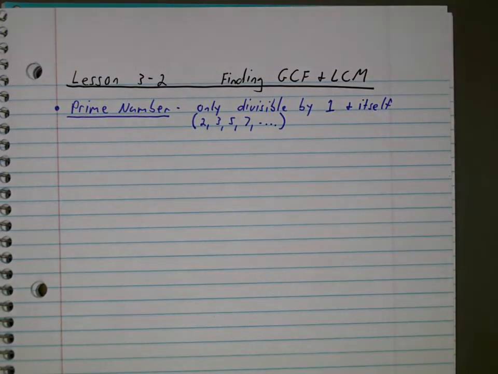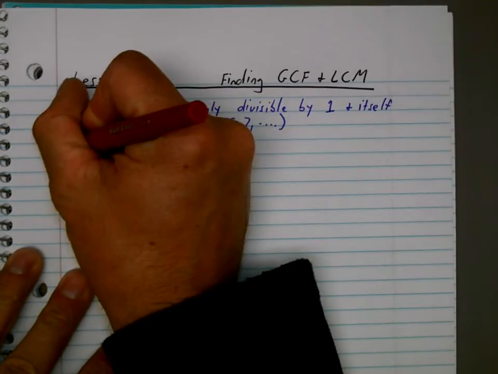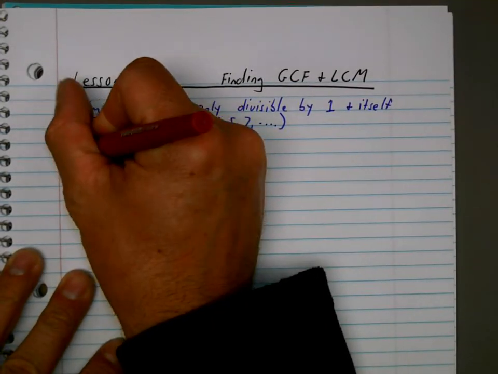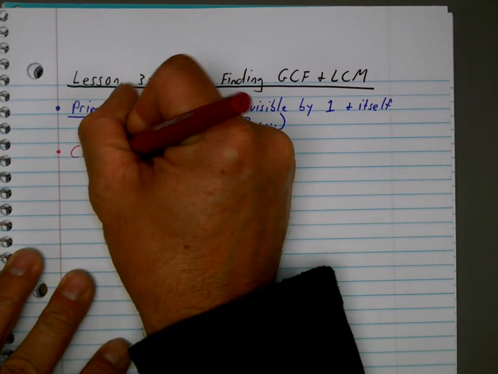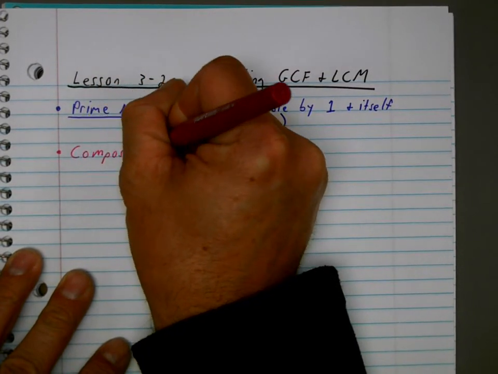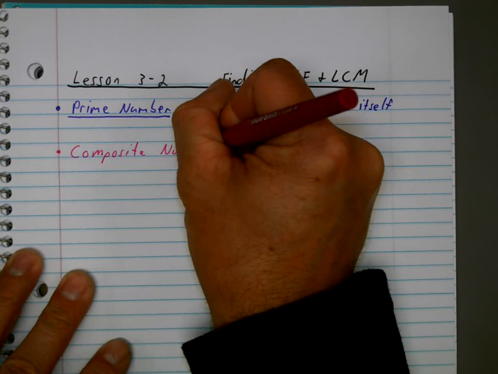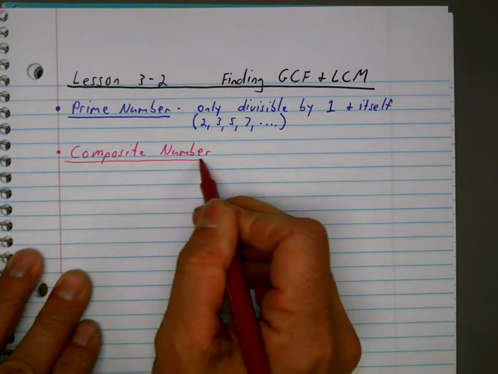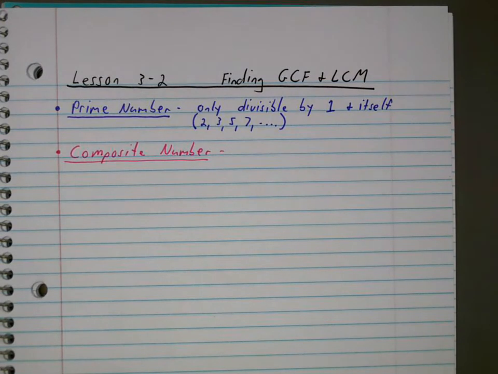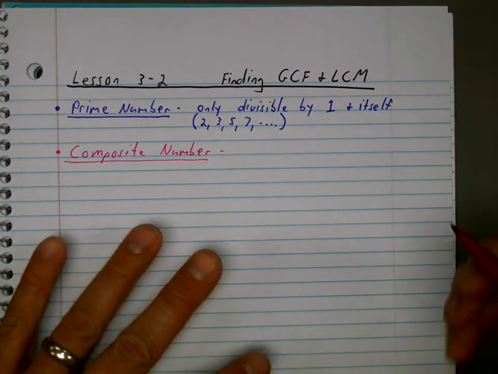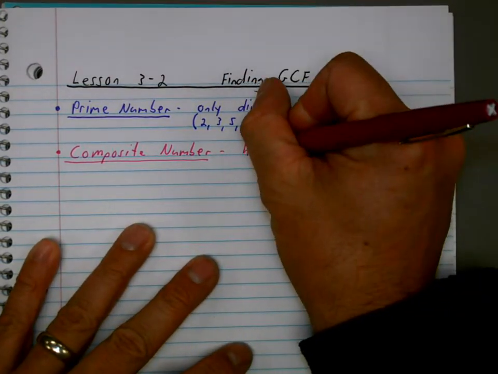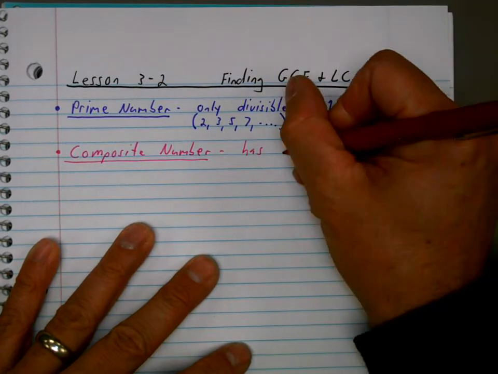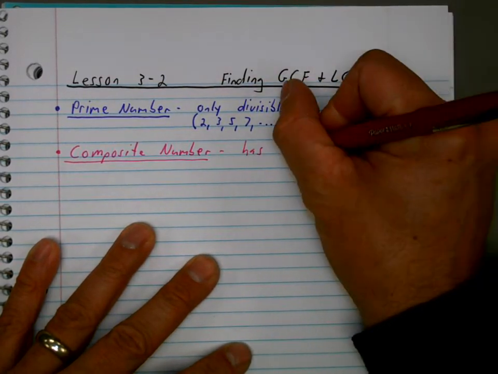The next vocab word we're going to look at is composite number. And a composite number is pretty much the opposite of a prime number. A composite number has more than 2 factors.